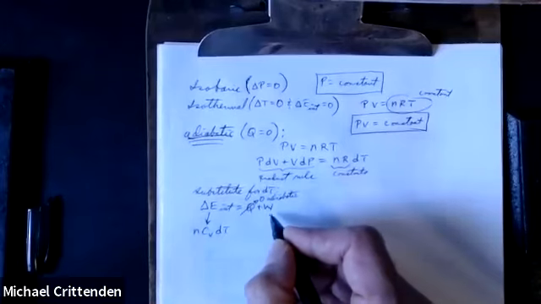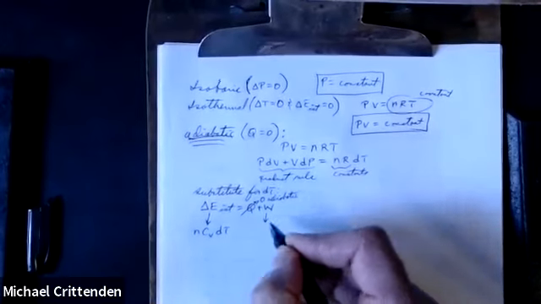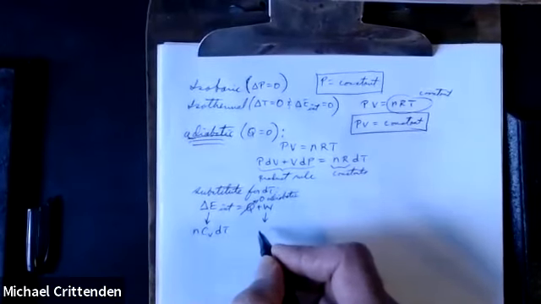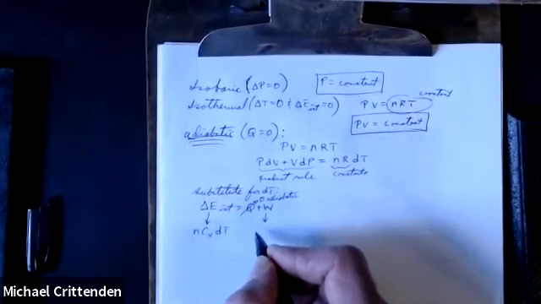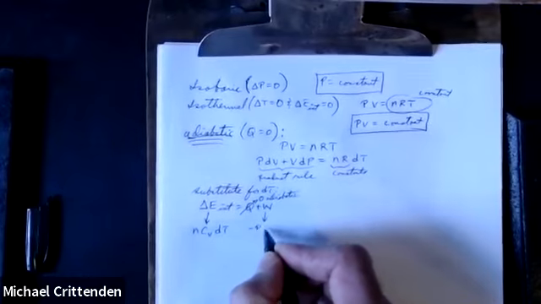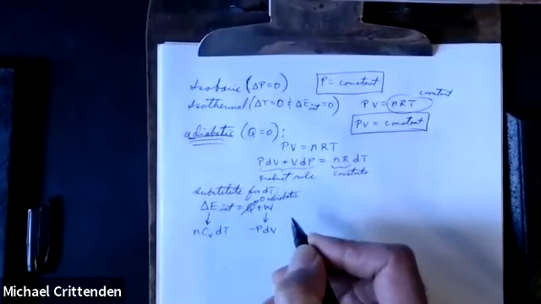And I've also said previously that work done in a small change of state, a little differential change of state, is minus P times dV.